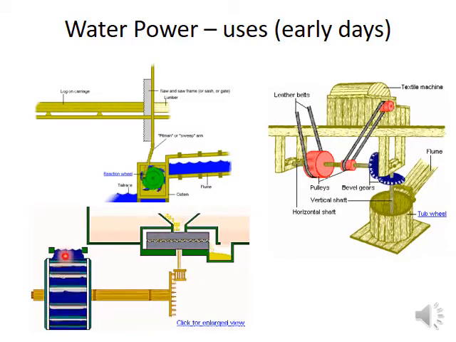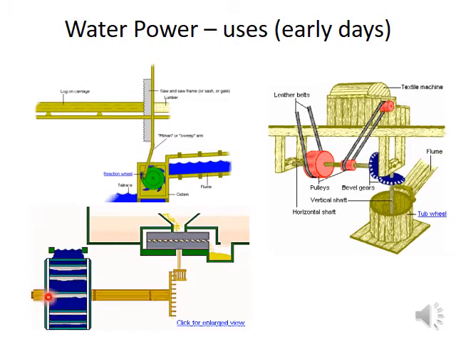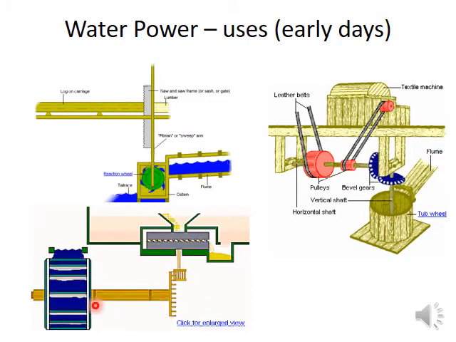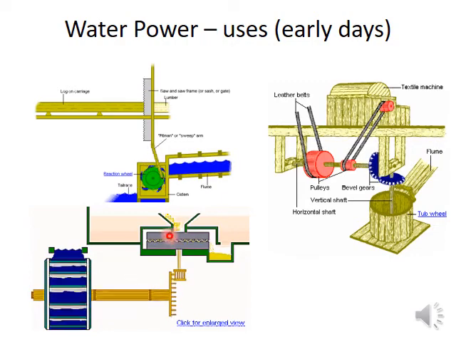and this is the water wheel, and this horizontal axis, as you can see, conveys the energy required to grind the wheat by this mill.